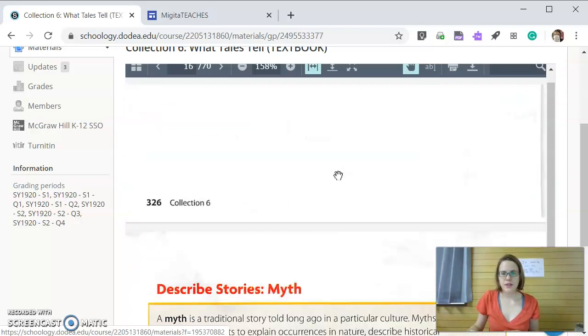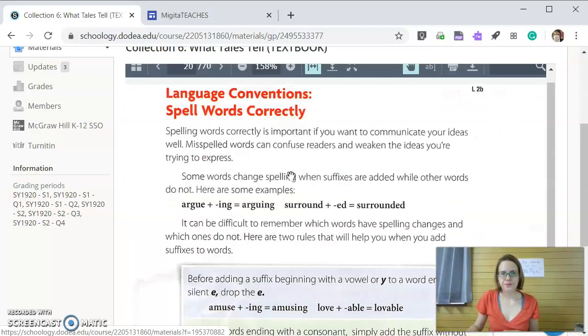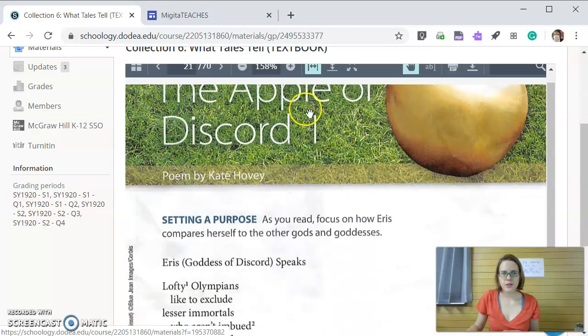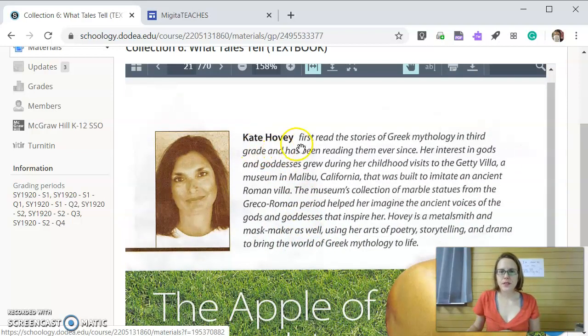Last week you read this one and did the concepts on theme. This week it's The Apple of Discord. Kate Hovey first read the stories of Greek mythology in 3rd grade and has been reading them ever since. Her interest in gods and goddesses grew during her childhood visits to the Getty Villa, a museum in Malibu, California that was built to imitate an ancient Roman villa.